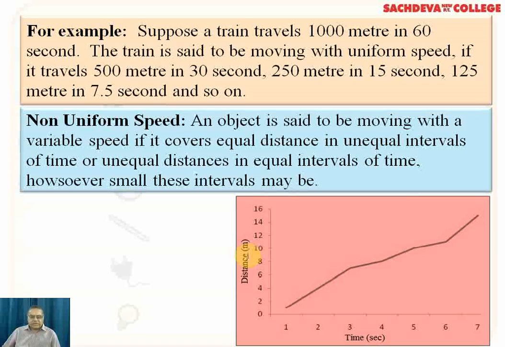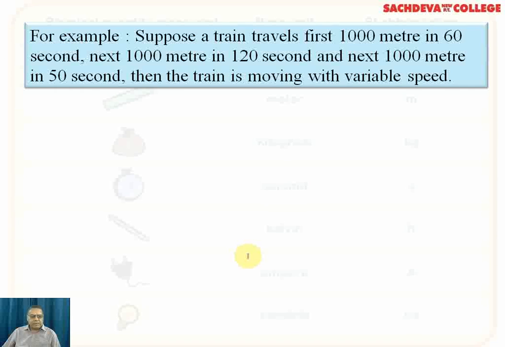We can see in the graph that wherever there is a slight bend, the time is changing and the distance is also changing. So either it is covering equal distances in unequal intervals or unequal distances in equal intervals of time. This is the depiction from the graph.